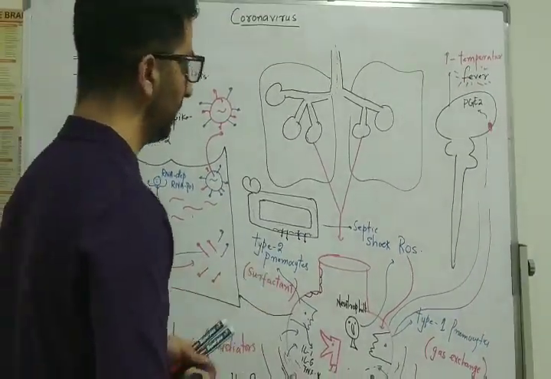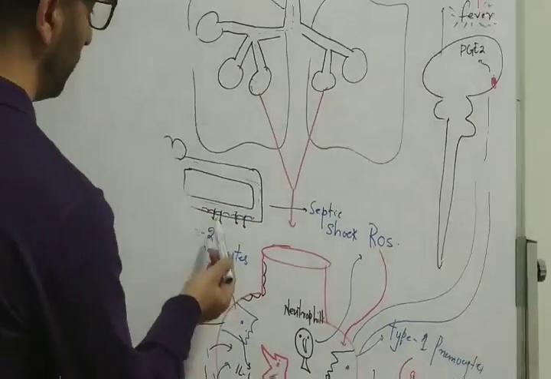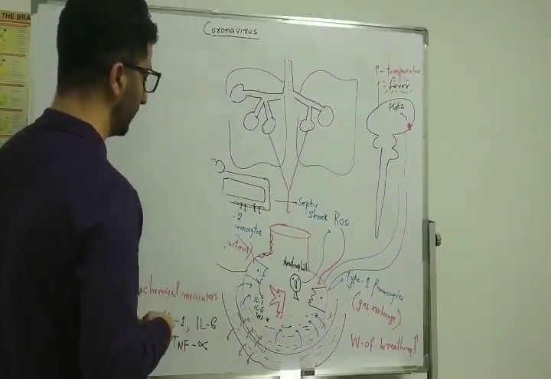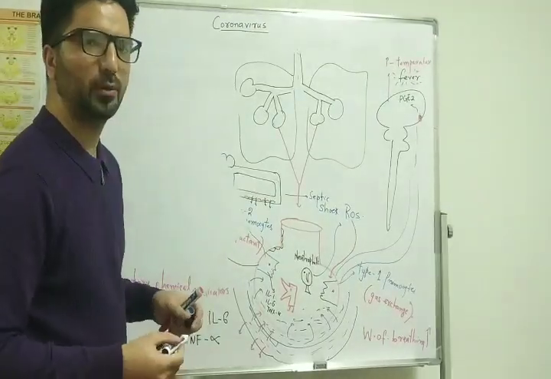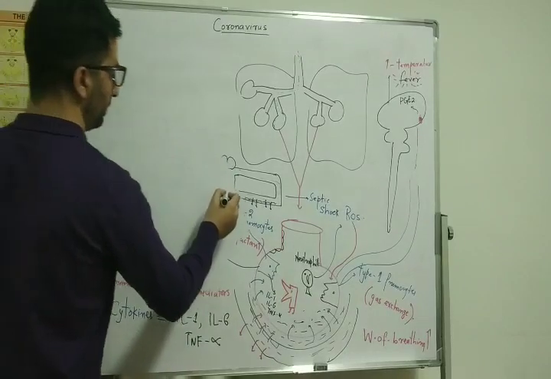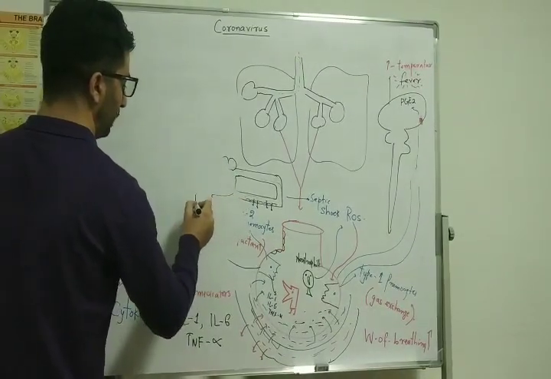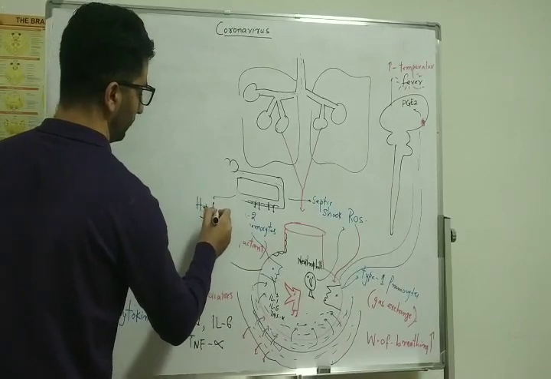So this is how septic shock takes place through the interleukins or cytokines. When permeability takes place through the endothelial gaps, the fluid is oozing from the capillaries, and the patient becomes hypotensive.